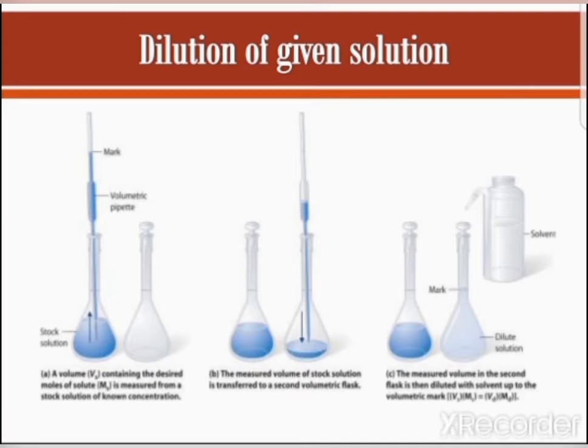The measured volume of stock solution is then transferred to the second volumetric flask. The measured volume in the second flask is then diluted with solvent up to the volumetric mark. For the dilution, we will use the formula M1V1 is equal to M2V2.